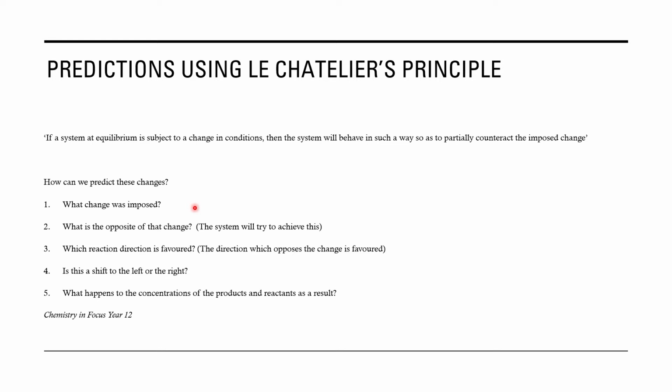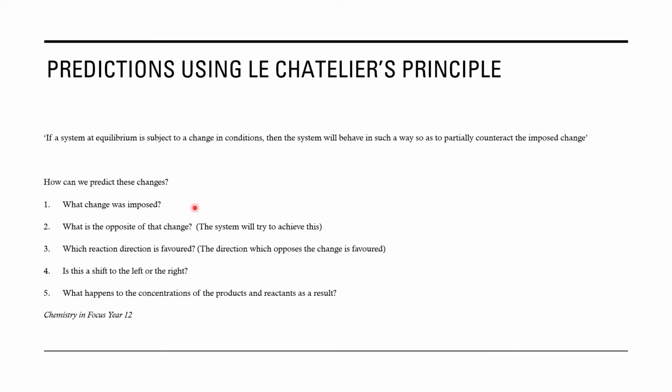If there's a change in temperature, then the system is going to want to try and counterbalance by opposing that temperature change. What we then need to look at is, in the equilibrium reaction, what direction is favored? Because the direction which opposes the change is going to be the direction that's favored, the one that's going to be reacting more, so the reaction rate's going to increase. What we're then going to say is there a shift to the left or the right?